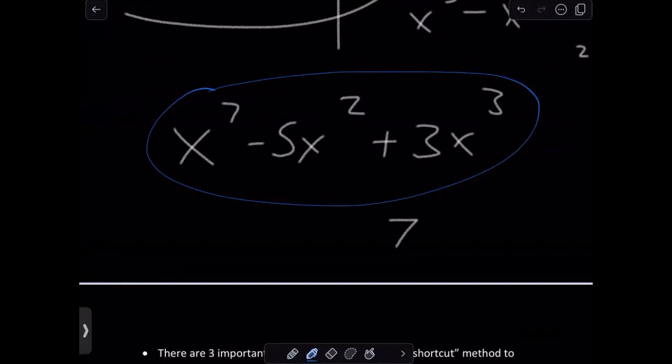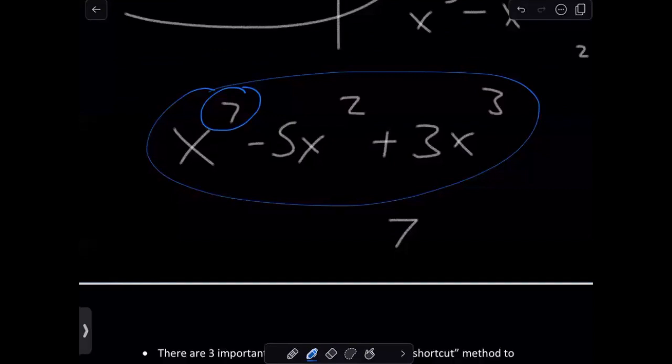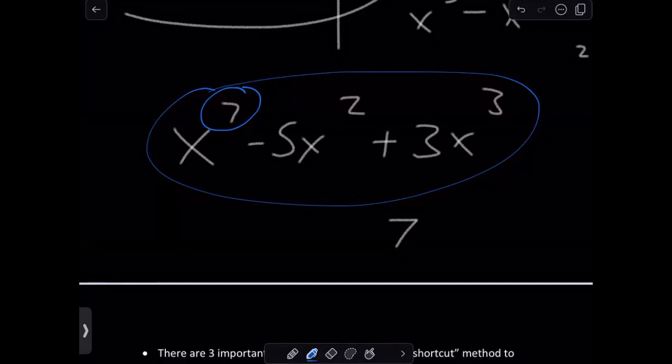Degree is the highest power that the input variable, in this case x, is being raised to. I'll repeat that. When I talk about the degree of a polynomial, I'm talking about the highest power that the x variable is raised to. Here we have a power of 7, a power of 2, and a power of 3. The highest power is 7.